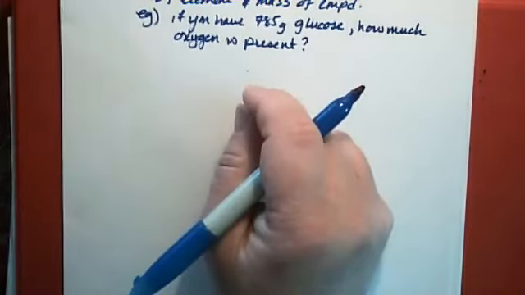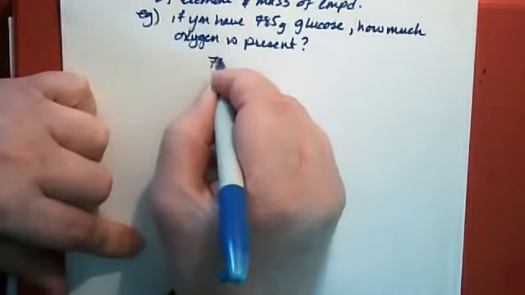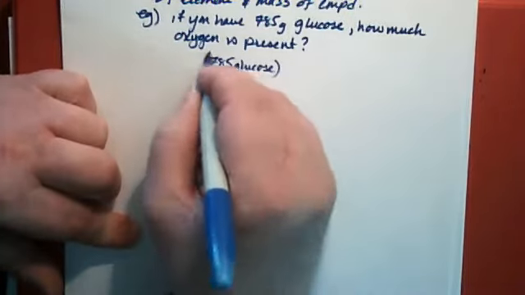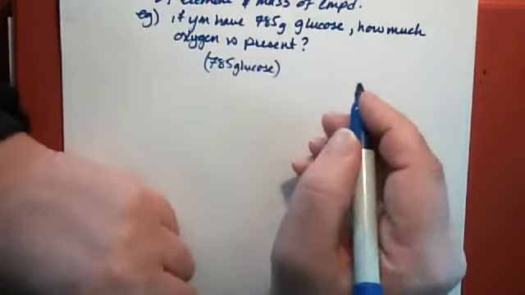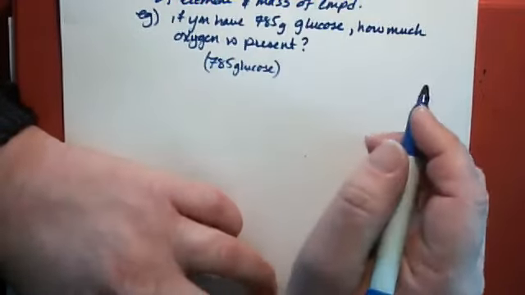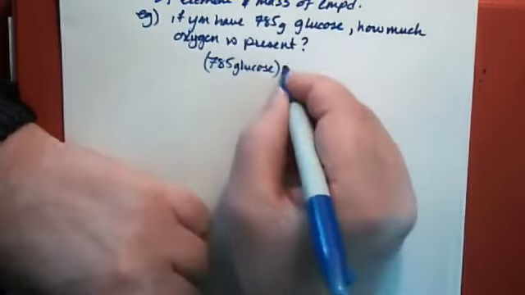Okay, so all you have to know now is the mass of the sample, because we know that 53.3% of any sample of glucose is going to be made up of oxygen by mass.